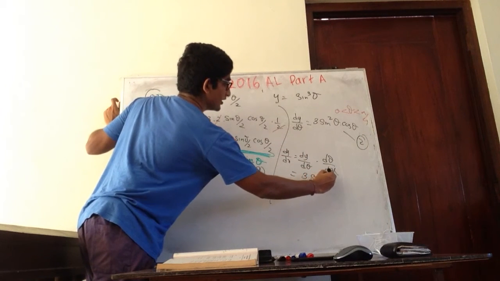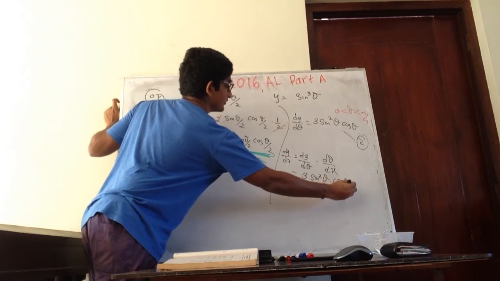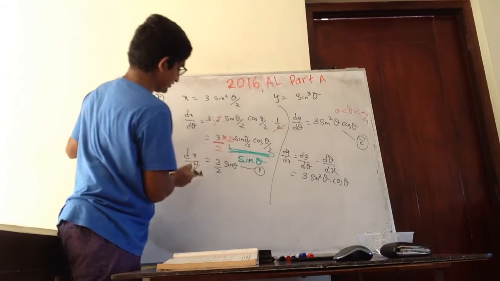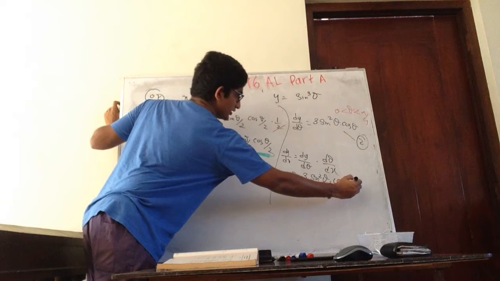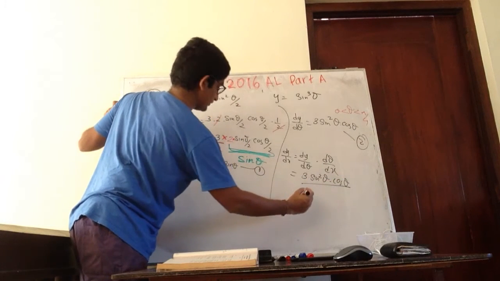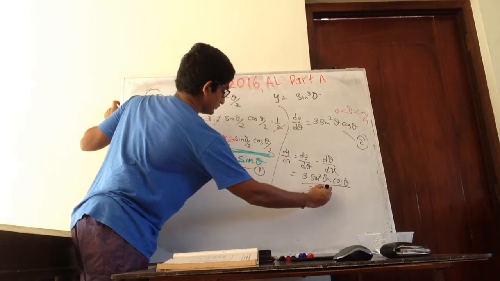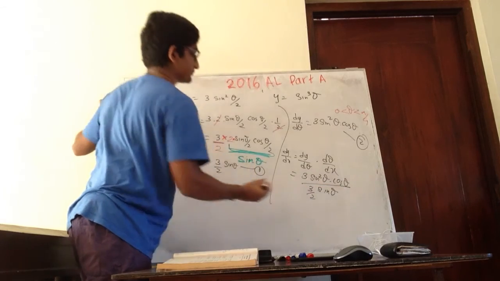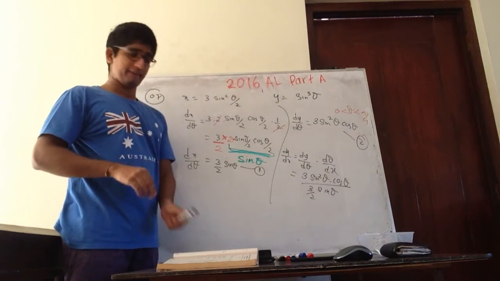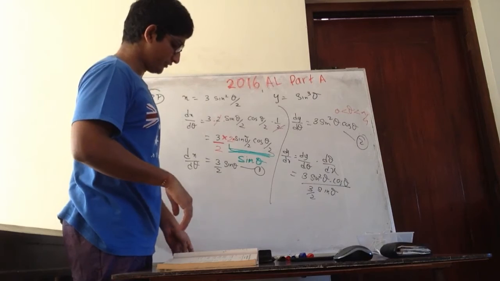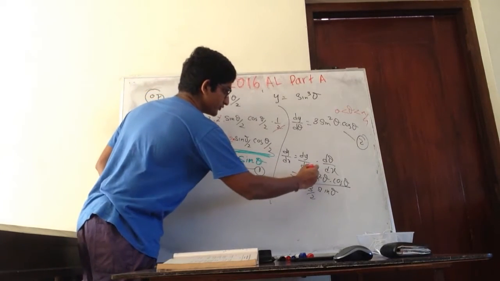This is 3 sine square theta cos theta, and d theta over dx is 1 over this thing, so that means 3 over 2 sine theta. Correct, no? So then I can cut these off.